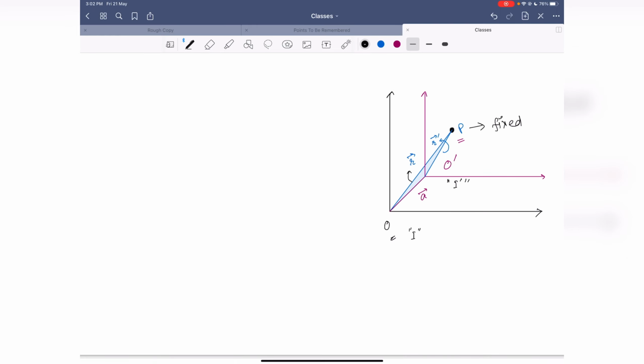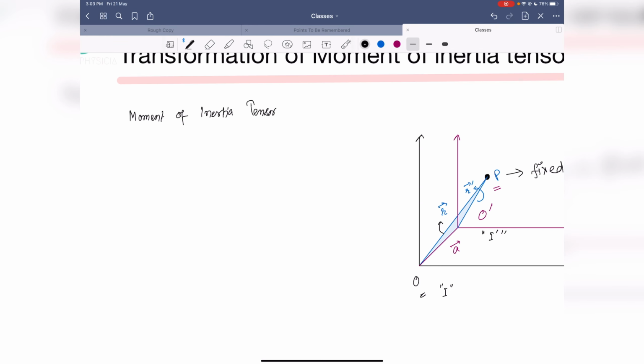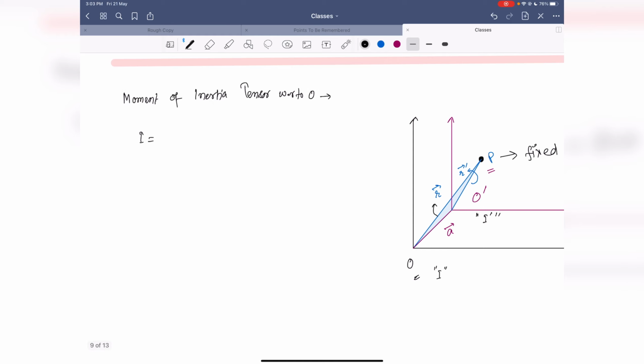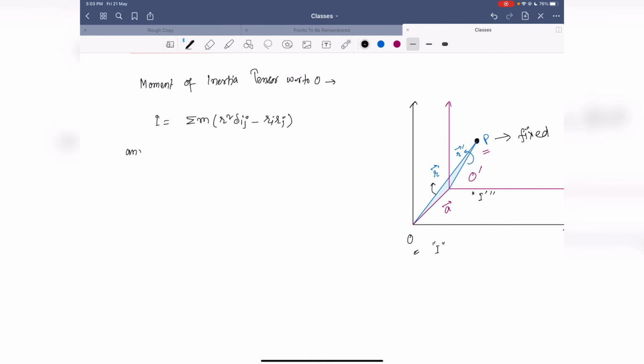So the moment of inertia with respect to O, I can write as I. So I is equal to the summation of m, R square delta ij minus Ri Rj.